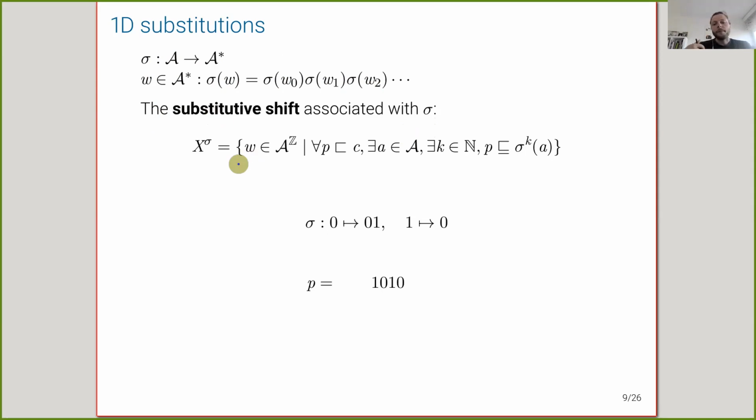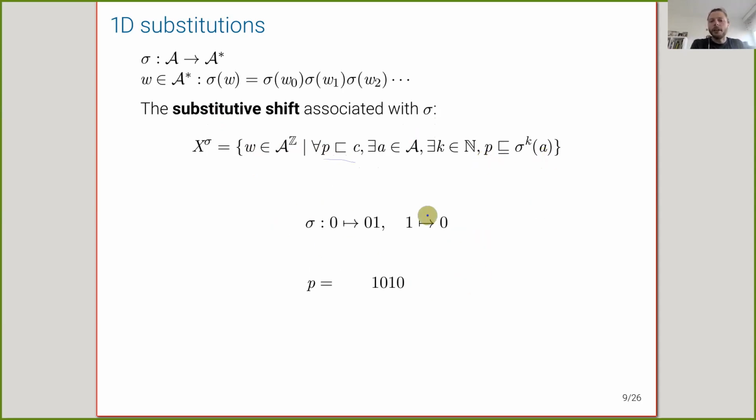in which all the patterns are produced by the substitution. And what I mean by that is that for the word to be in the substitutive shift, you need that all the patterns must be of the form sigma to the k of a.